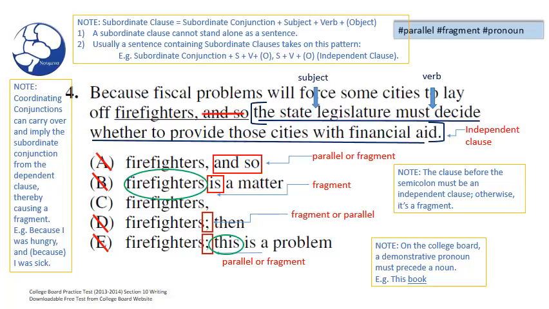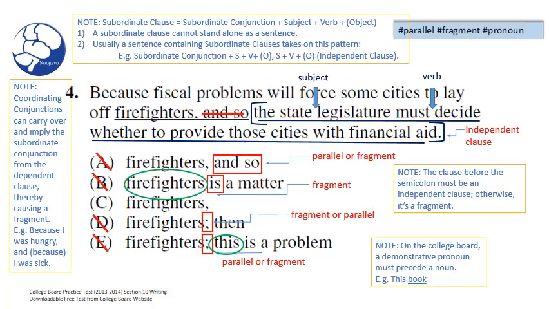So we have the pattern we mentioned in our note originally in 2. Usually a sentence containing subordinate clauses takes on this pattern, which is a subordinate conjunction plus the subject plus the verb plus possibly an object, sometimes it may not contain an object, comma, plus another subject plus a verb plus may or may not contain an object.